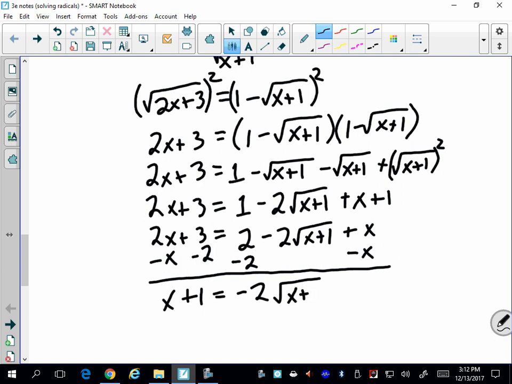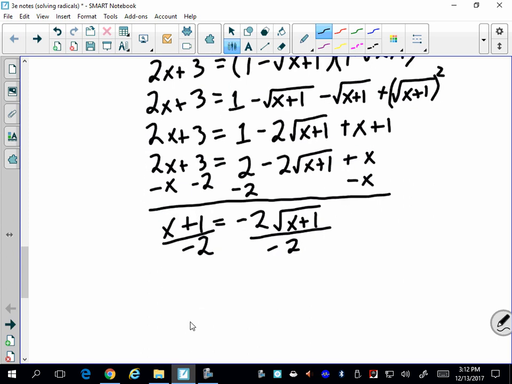And then let's divide by negative 2. And then we have x plus 1 divided by negative 2 equals the square root of x plus 1. And now the radical is isolated, so let's square it.